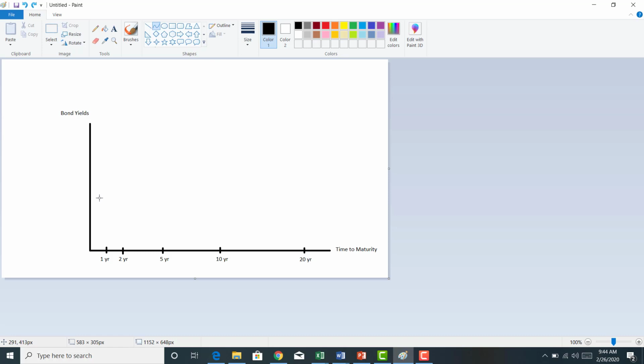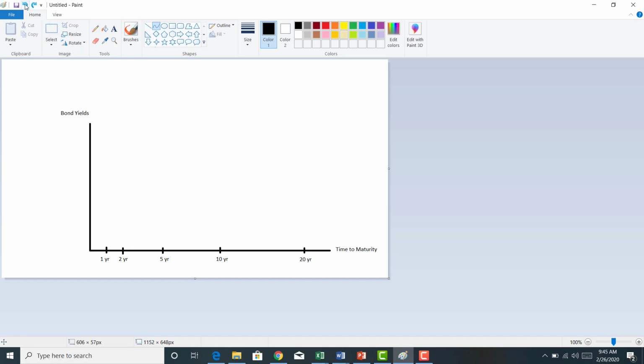To the extent that that's true, suddenly you can get a much flatter yield curve. You can see in this world, yields on 1-year and 2-year bonds are similar, and on 5-year bonds are similar, and on 10-year bonds are even similar. Certainly, we have an upward slope at the end here, but this flattening of the yield curve is not a good prediction of what the economy is going to do.